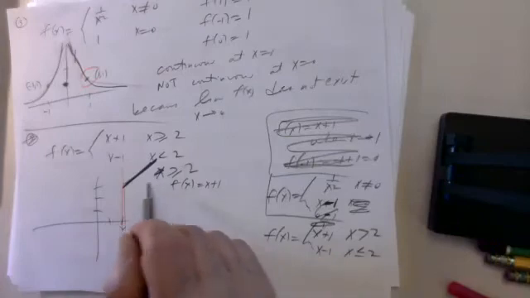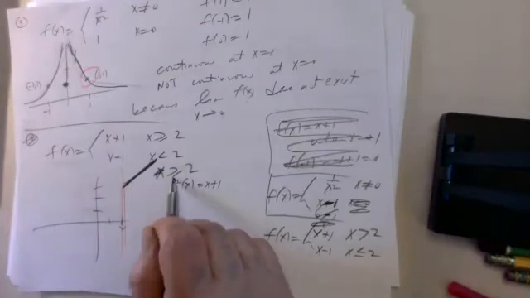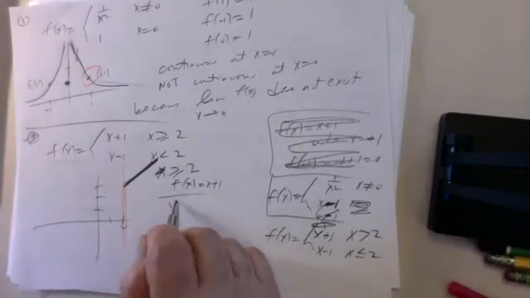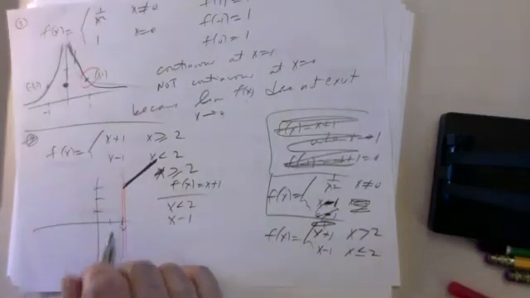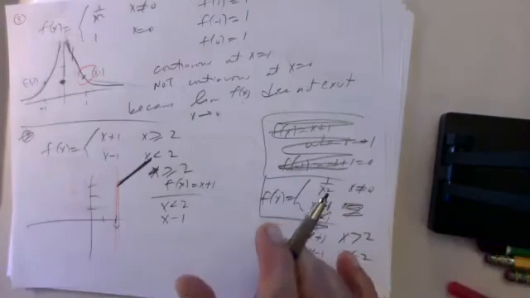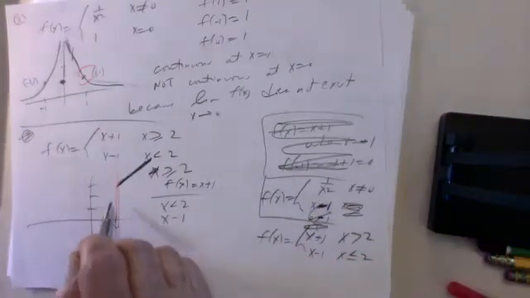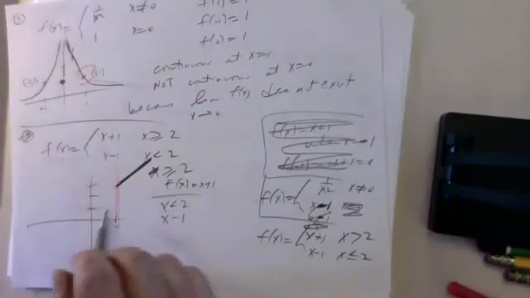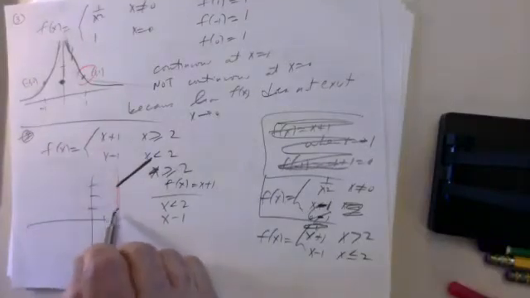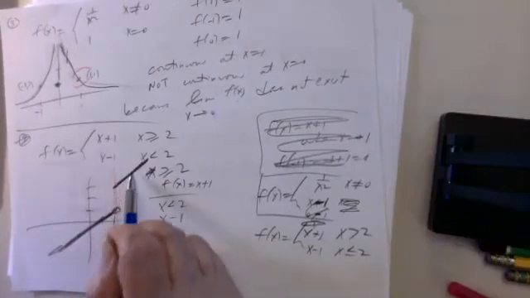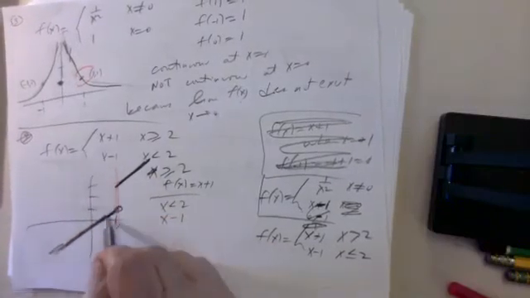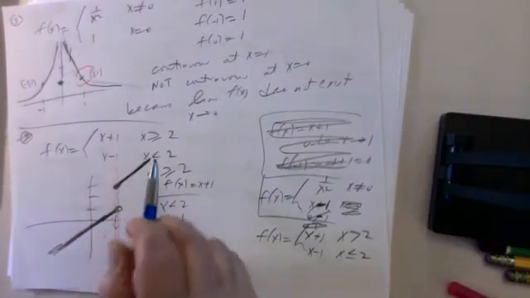That's the line y equals x plus 1 for x greater than or equal to 2. And when x is less than 2, it's x minus 1. So that's the line that looks like that. So the graph of this function will be this line, and then it jumps over to here, and then that line.